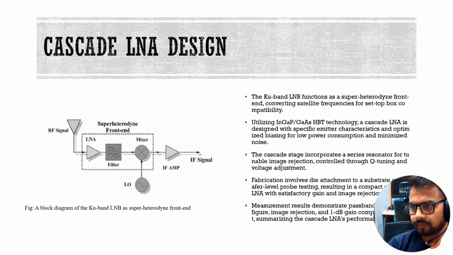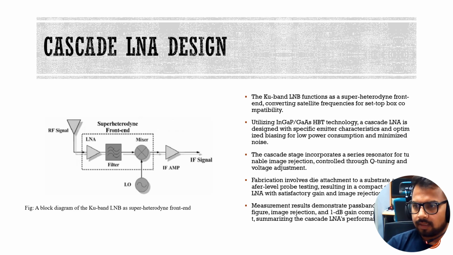The Ku band LNB functions as a super heterodyne front end converting satellite frequency for set-top box compatibility. Utilizing indium gallium phosphide and gallium arsenide HBT technology, a cascode LNA is designed with specific emitter characteristics and optimized biasing for low power consumption and minimized noise.